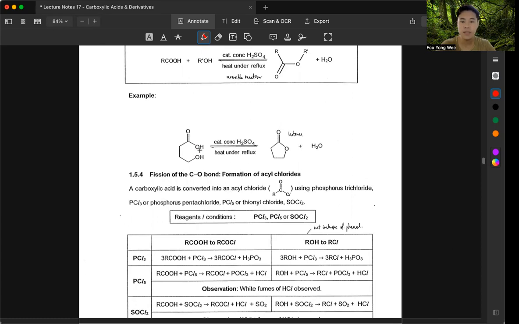For this, because they are so close to each other, you can actually form a cyclic structure as a product. So an intramolecular bond can be formed due to the proximity. Quite logical, right?